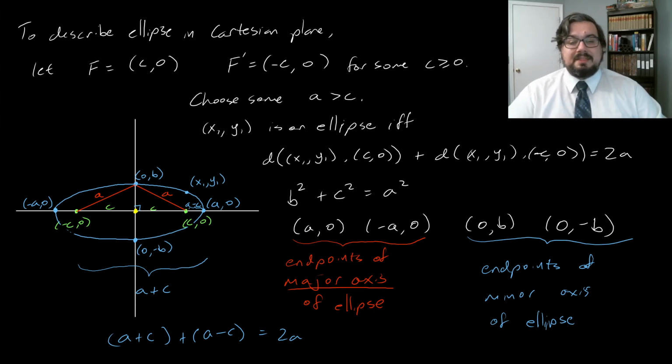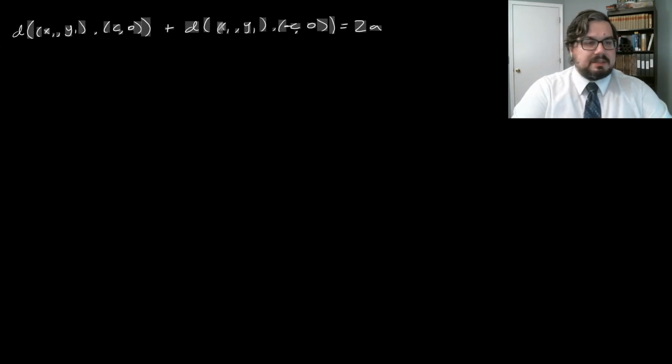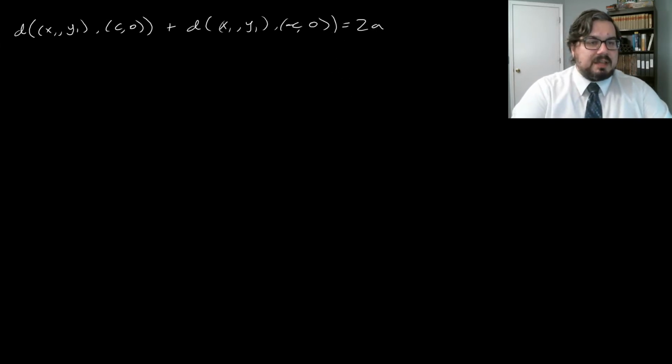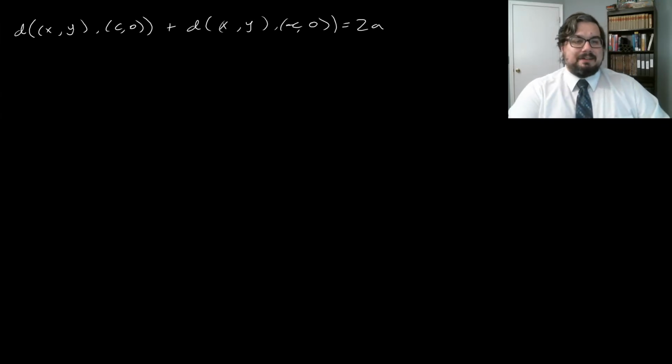Let's work out what the equation is that describes when a point lies on an ellipse. So let's take this equation, and for the sake of notation, I'm going to drop the subscript 1s from these x's and y's, and so this equation will describe whenever a point x comma y lies on the ellipse that we described on the previous page.